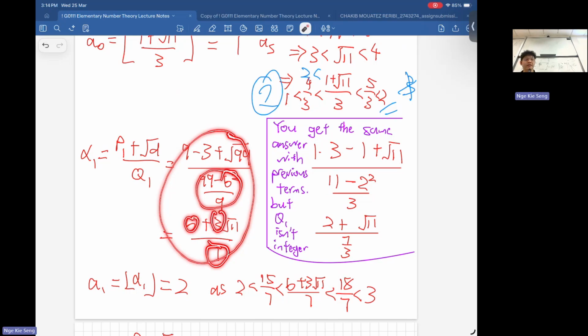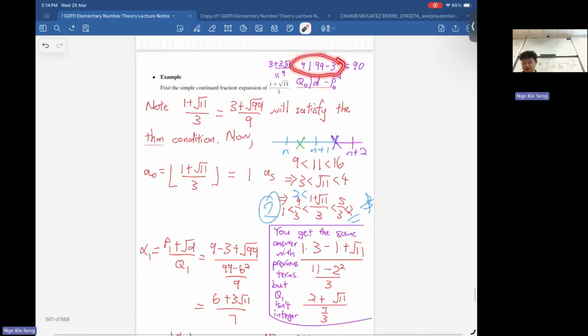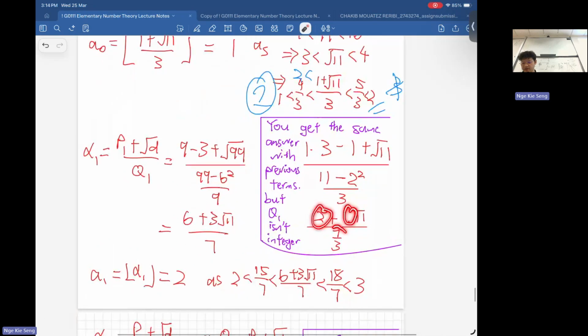Understand? Okay, if you don't follow this condition here, then your calculation will come out as a fraction. Remember, in this class we always deal with integers, not really fractions. Even when we do continued fractions, that continued fraction, if you realize, is a fixed form. It's something plus 1 over something plus 1 over something plus 1 over something.